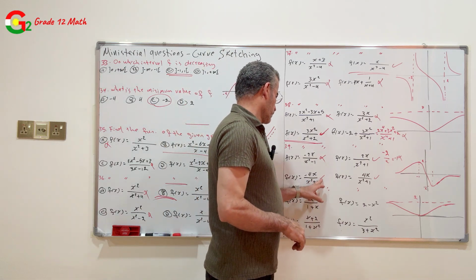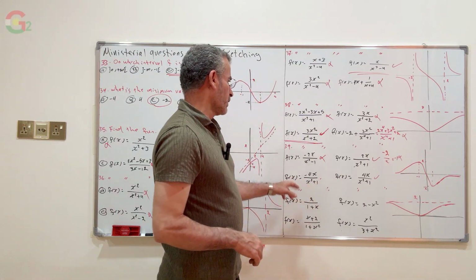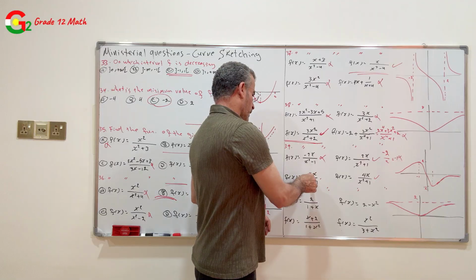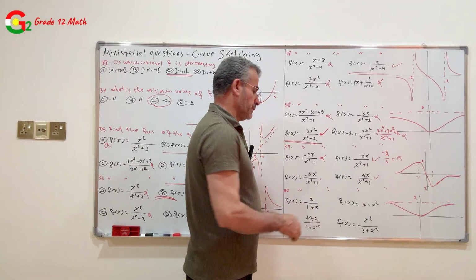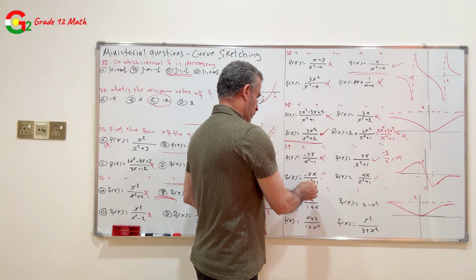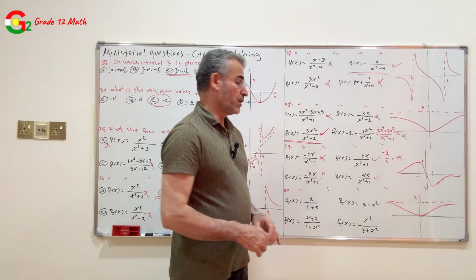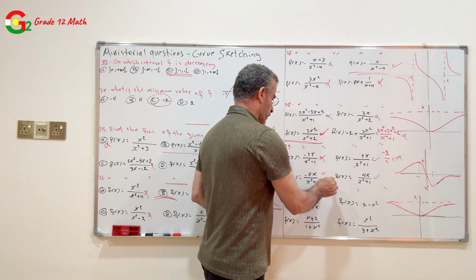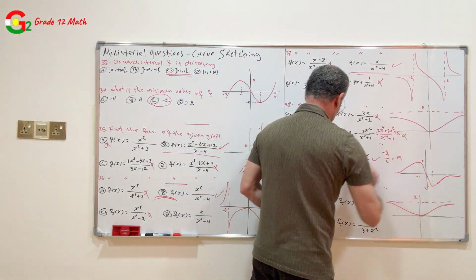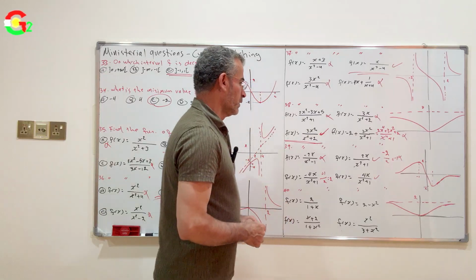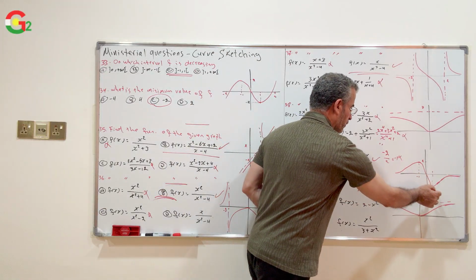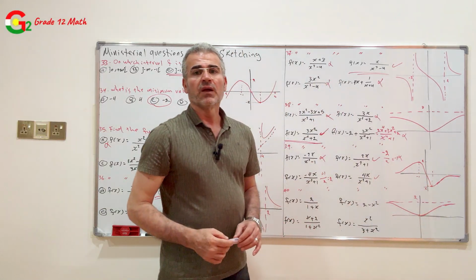If we substitute every x with negative 1 here, negative 4 times negative 1, 4 over negative 1 square, 1 plus 1, 2, 4 over 2 equal 2. It is right. If we substitute 1, we should get negative 2.